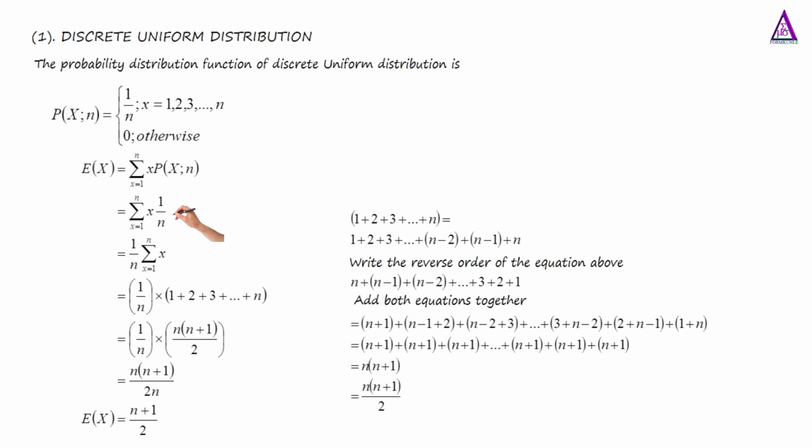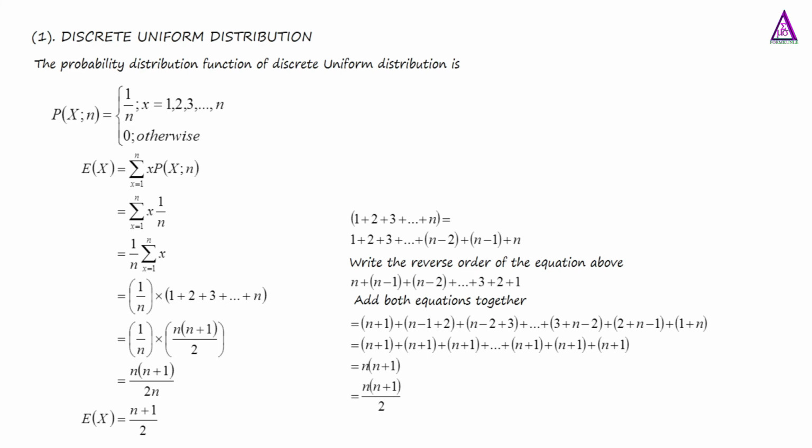In equation 2, we put the probability function of discrete uniform distribution into the equation, which is 1 over n. In this equation, we factorize 1 over n out, and we have the summation of x ranging from 1 to n of x.